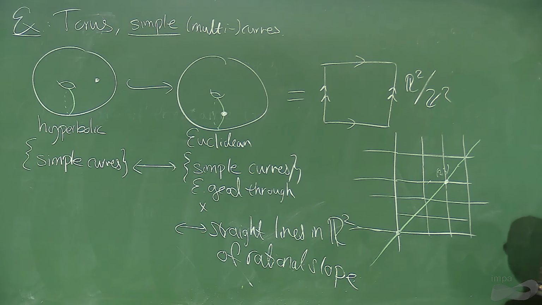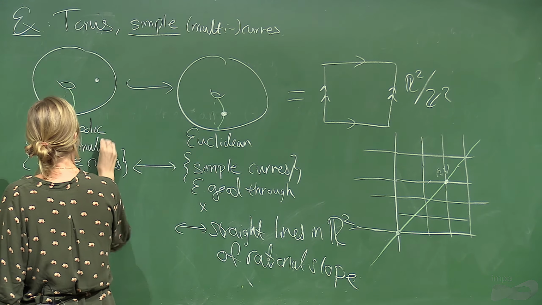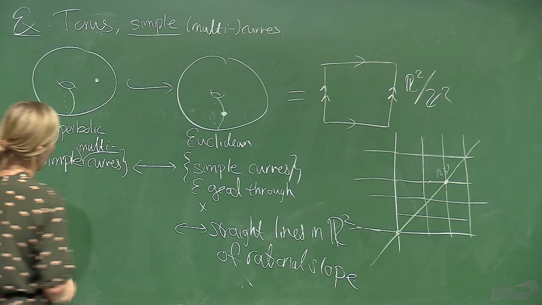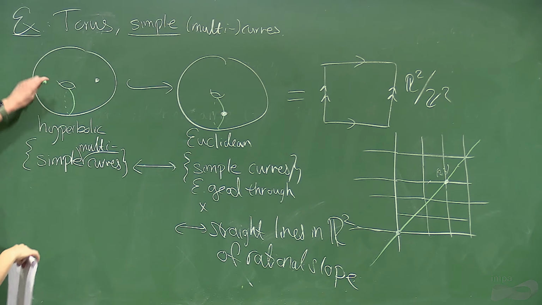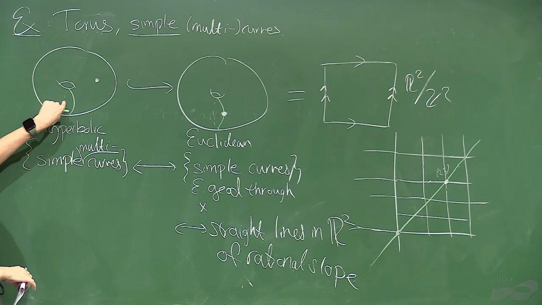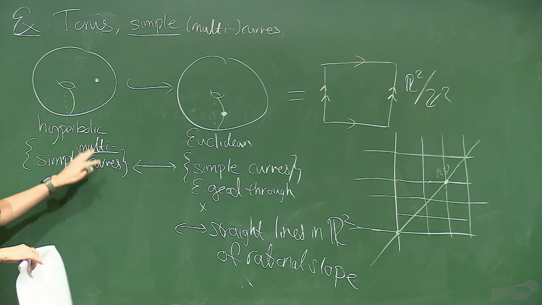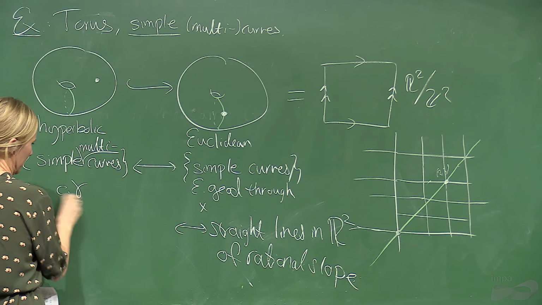So this is really simple multi-curves. In this case, there are no actual simple multi-curves in the torus in the sense of having more than one component, because any two simple curves will intersect on the torus. But you have multi-curves in the sense that you could have weights. So this is really like c times gamma.